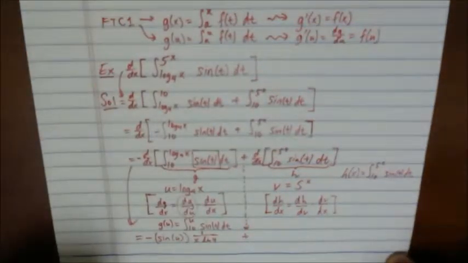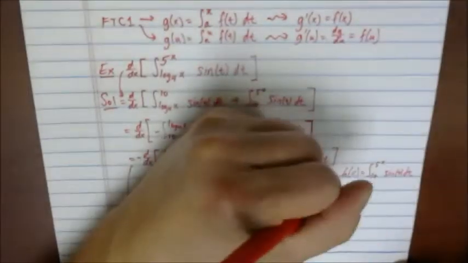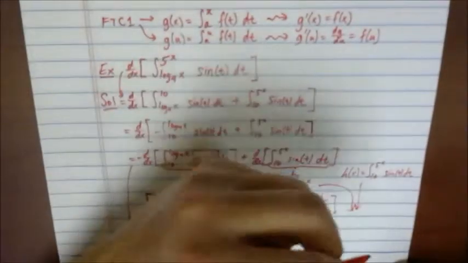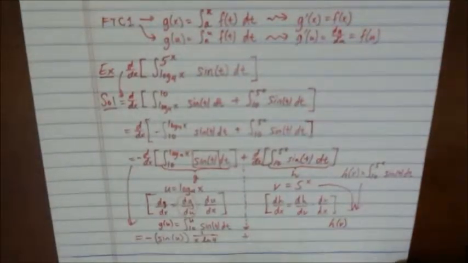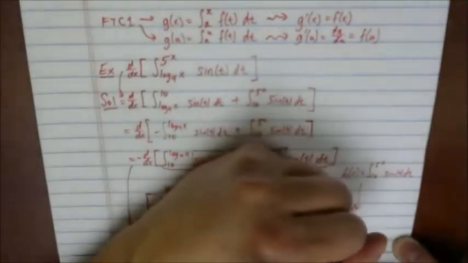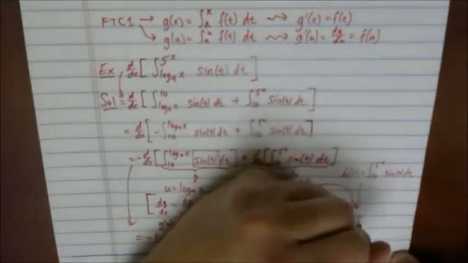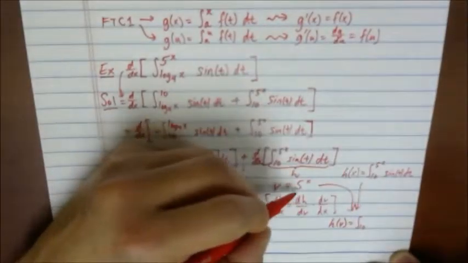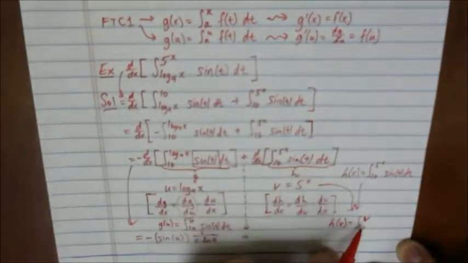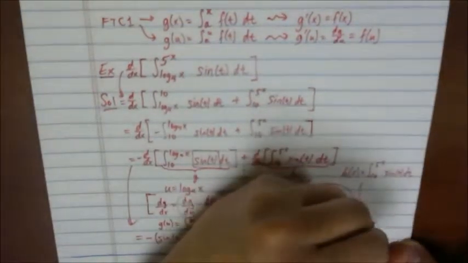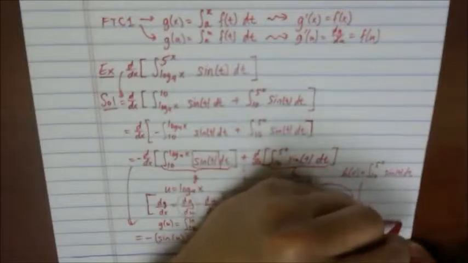But then if you think of h as a function of v instead, so combine those, then you have h of v. This notation is maybe a little weird here, but I'm thinking of h as a function of v. Integral from 10 all the way up to 5 to the x. Oops, that's a v though. Of sine of t dt.